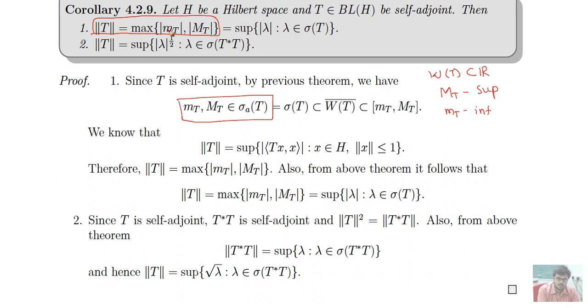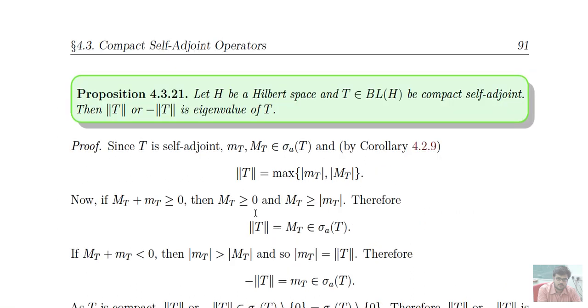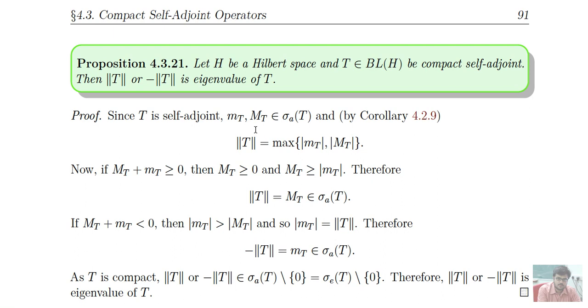What we are going to use is this. So we now go back again to our result, which was, yes. So we come back again here. Because T is self-adjoint, we have both the bounds, infimum and supremum of the numerical range, in sigma_a(T), the approximate eigenspectrum.